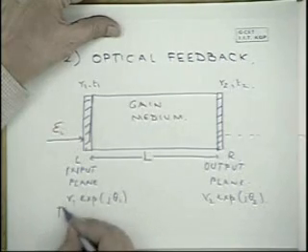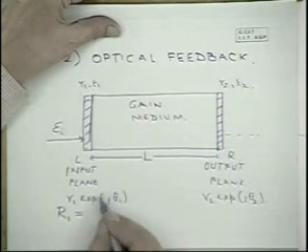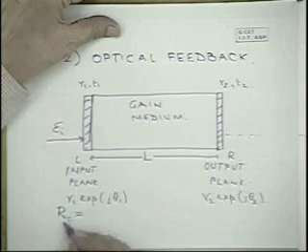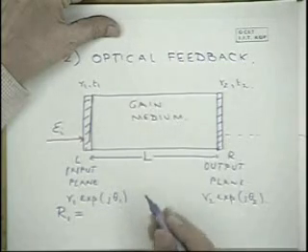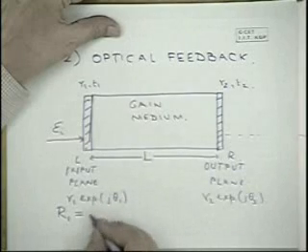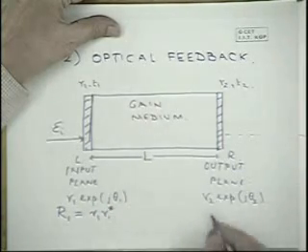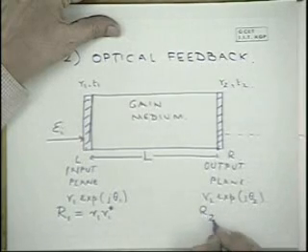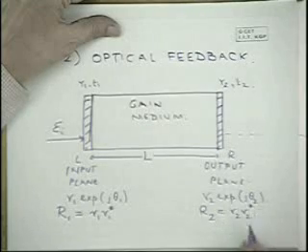So these are the reflection coefficients of the field. The ratio of the output to the input powers is given by R1 into R1 complex conjugate, and similarly R2 is equal to R2 into R2 complex conjugate.